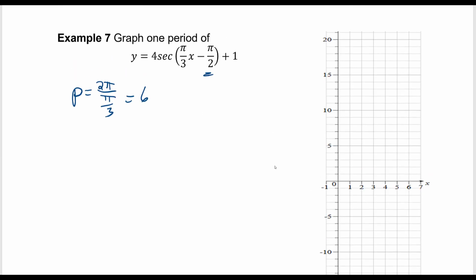We have a phase shift. That's going to be pi over 2 divided by pi over 3, which becomes 3 halves, which is 1.5.